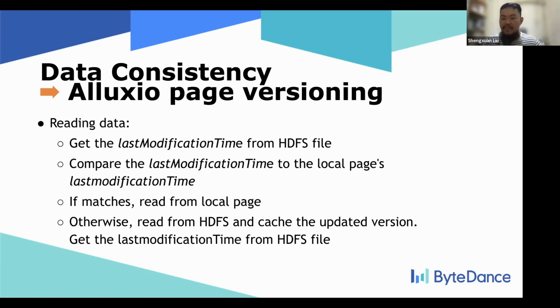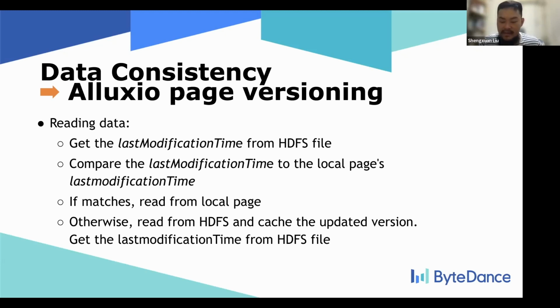Now that we are able to store this last modification time, we need to use it to verify if the cache is valid. Here are the steps. When reading data, we get the last modification time from the corresponding HDFS file. At this point, we only read the HDFS metadata; we are not downloading the entire file.